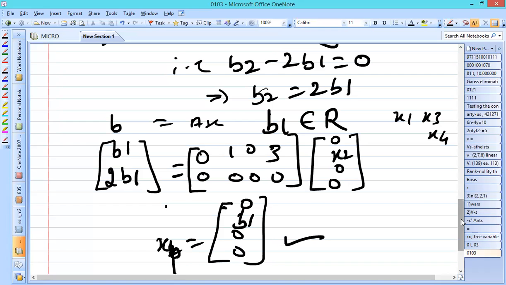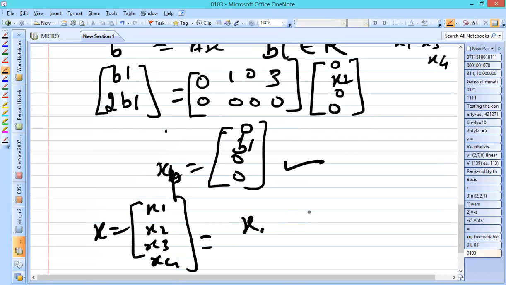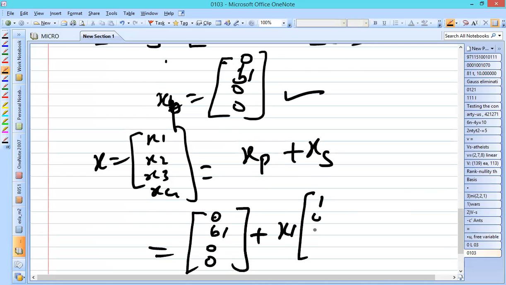After getting this, we can represent this as a particular solution. Now we can write the complete solution x, as x1, x2, x3, x4, which is obtained by adding the particular solution plus the special solution. The particular solution is equal to 0 b1 0 0, plus the special solution we have obtained: x1 times 1 0 0 0.